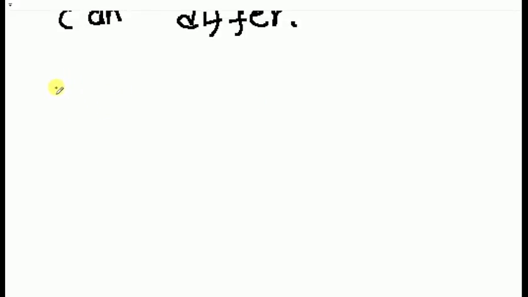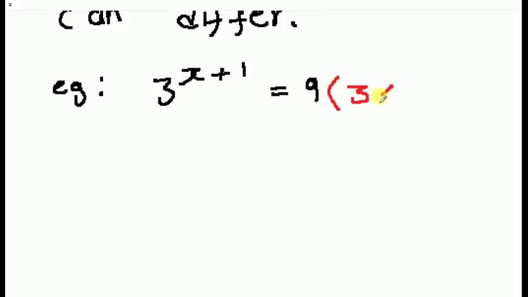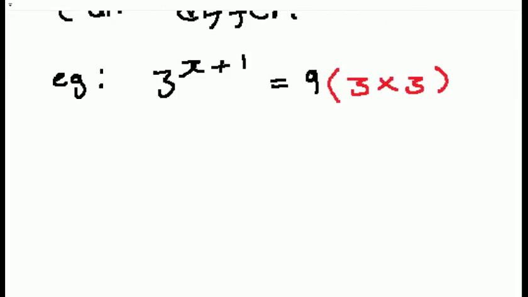An example would be 3 to the power x plus 1 is equal to 9. You know that the factors of 9 is 3 multiplied by 3, which is equal to 3 squared, right? So this is going to give us 3 to the power x plus 1 is equal to 3 squared.